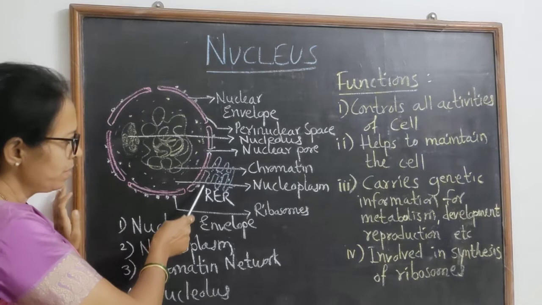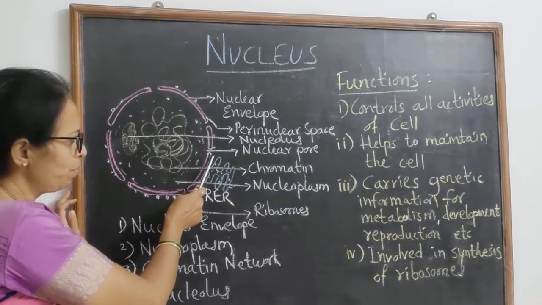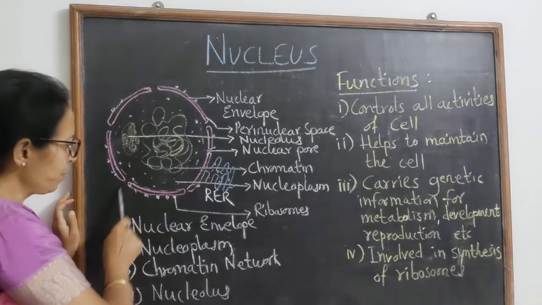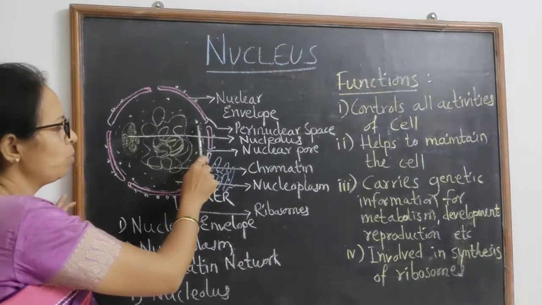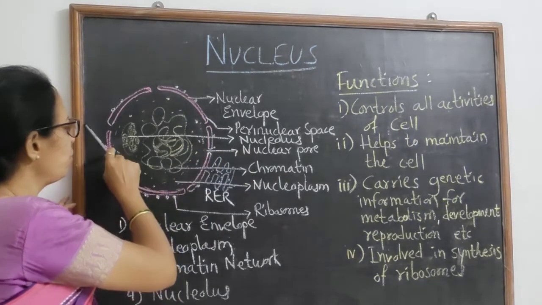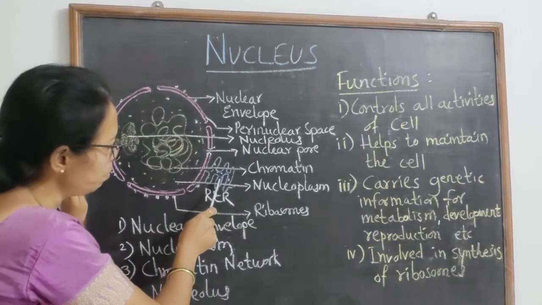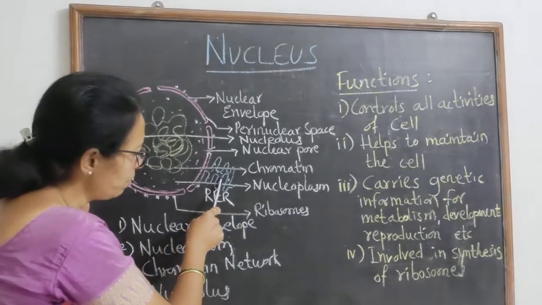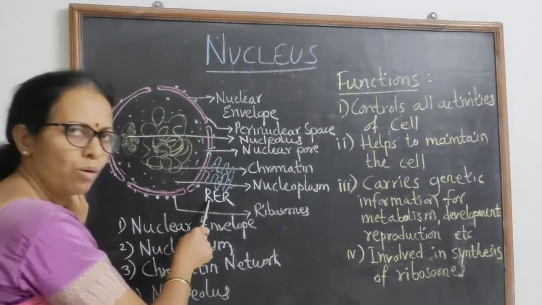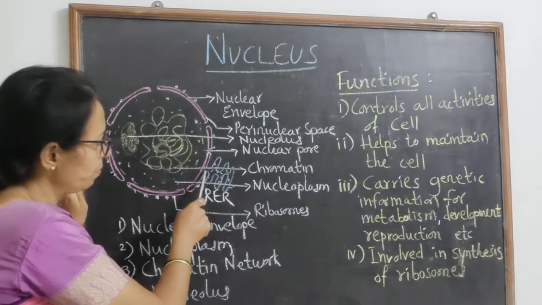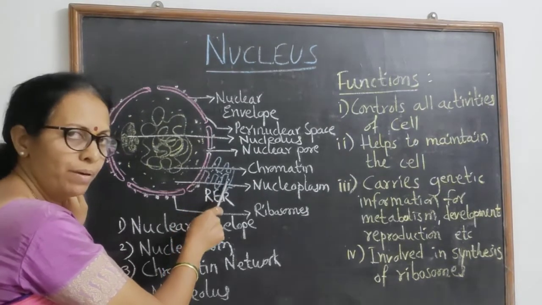At some places we observe pores in the nuclear membrane or envelope to maintain continuity with the surroundings. Even at some places we observe continuation of the rough endoplasmic reticulum, starting from here.